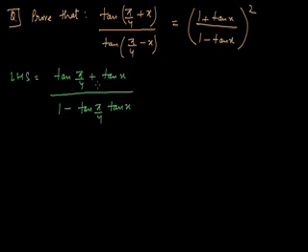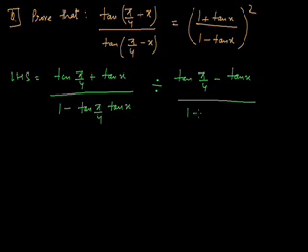So tan pi by 4 plus tan x upon 1 minus tan pi by 4 into tan x, divided by the denominator, which is tan pi by 4 minus x. So you can write it like this: tan pi by 4 minus tan x whole upon 1 plus tan pi by 4 tan x.